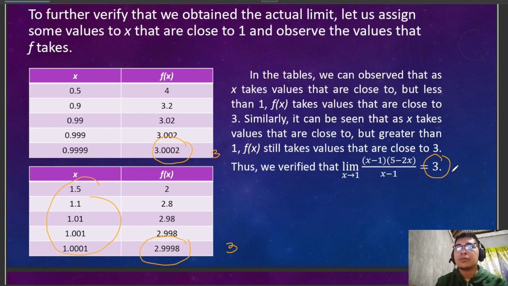Therefore, our limit now is 3. Okay? So what we look at is the values from the left and from the right of a certain value. If from here it gets closer to 3, and from here it also gets closer to 3, then there is a limit, which is 3. I hope that is clear.